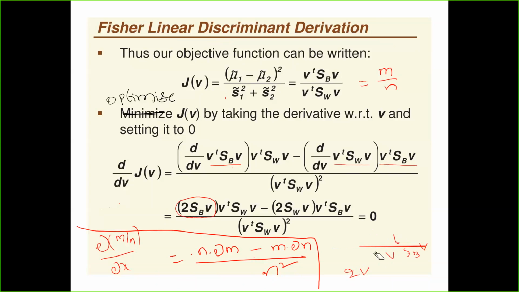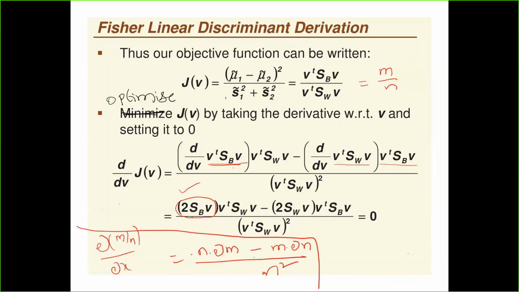But I will not say that directly you are doing this; when you expand this element wise, this is happening. And when you convert that back to a vectorized format, you will get this 2 times SB V. Sir, why can't it be 2 times V SB? That's what I'm telling you, sir: when you expand this and solve it with element wise derivatives, whatever you get, that is what we write.